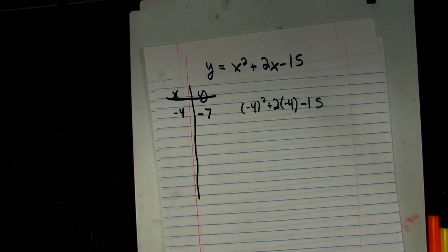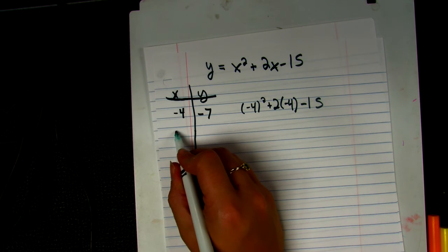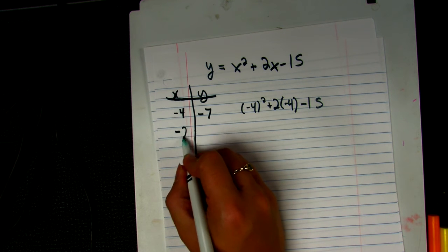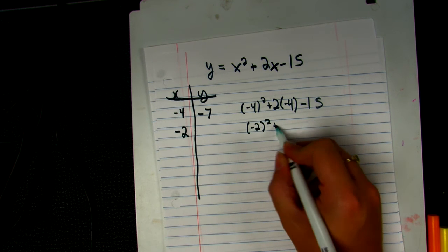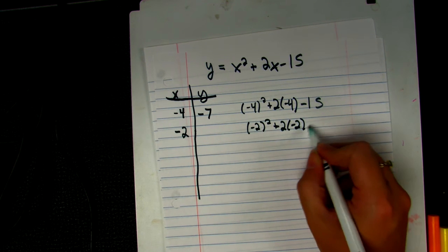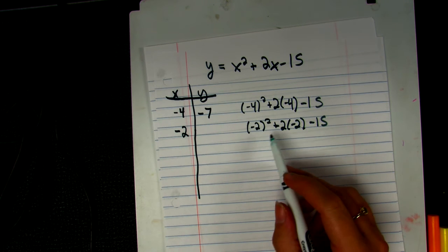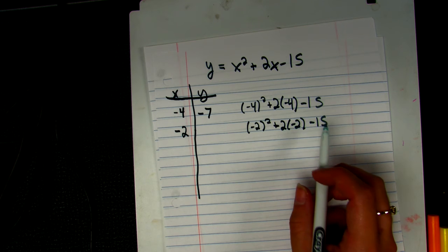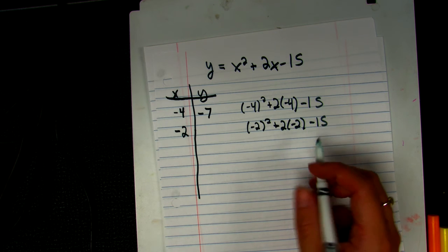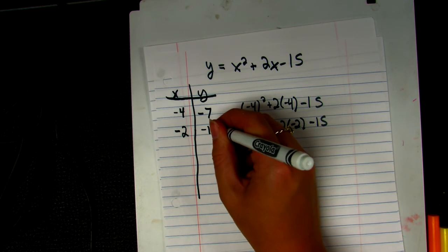So now I'm going to plug in another value. Let's do -2. So that's (-2) squared plus 2 times -2 minus 15. So (-2) squared is 4, minus 4 minus 15. So that's going to be -15.